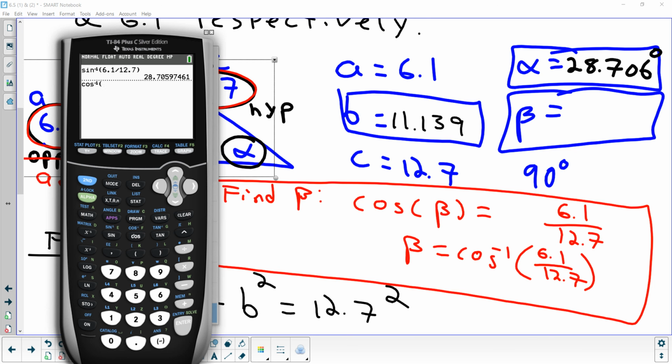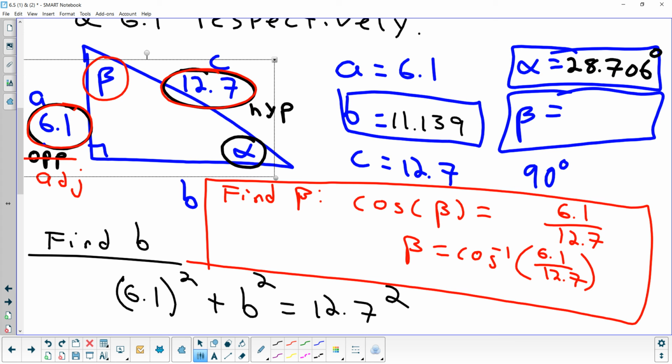So inverse cosine 6.1 divided by 12.7. 61.294. So since I got the same answer checking it two different ways, I know it has to be right. So I used inverse trig and I added all these angles up and made sure they added up to 180. Perfect.